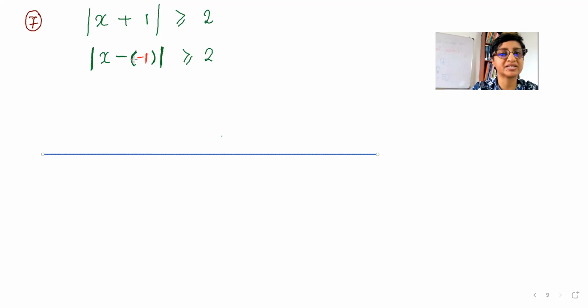So I will start with the fixed tree in the middle. The fixed number is -1. It's like at that point. Then from that point, you have to be 2 steps away or greater than that. Greater than or equal to. I hope this is clear now.